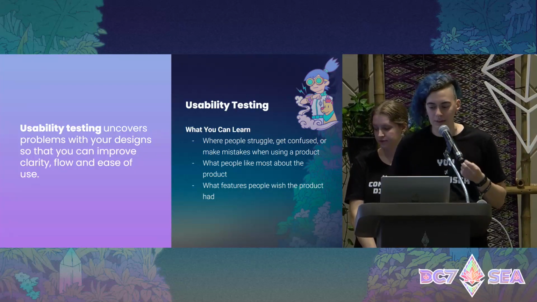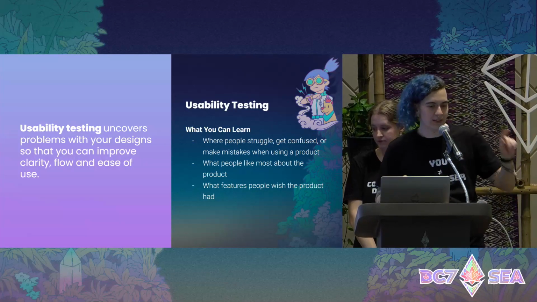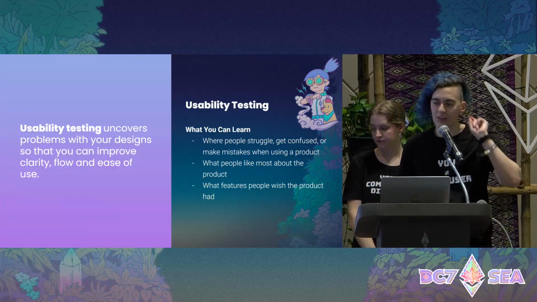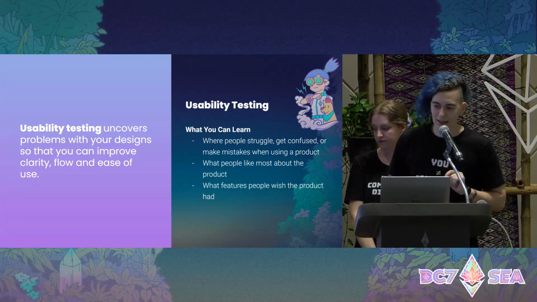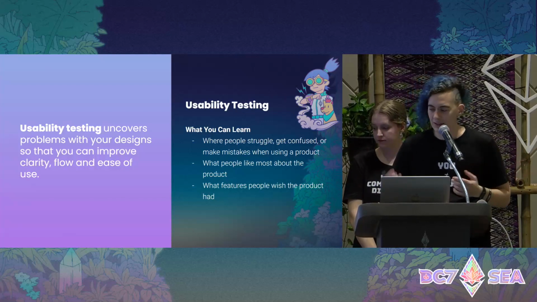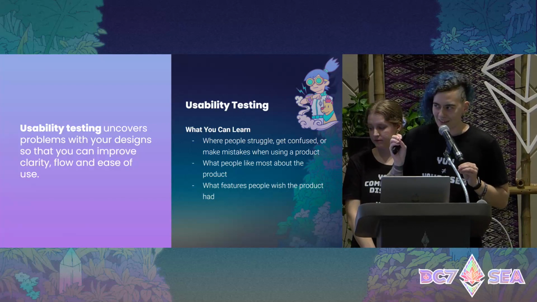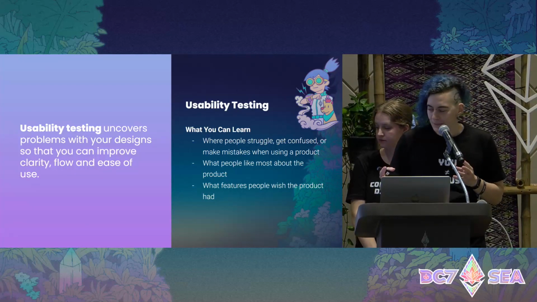And your goal is to come away from the test knowing, okay, this screen is confusing, here the button is hard to find, the text makes people think that the feature is not what it actually is, all of those things. So counterintuitively, you want people to struggle.